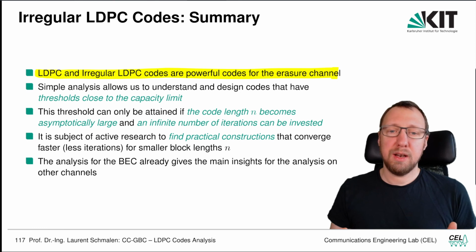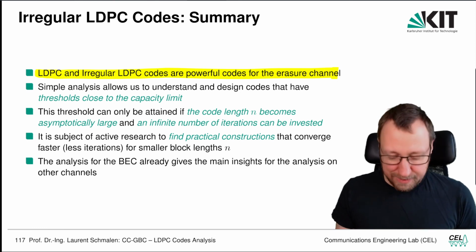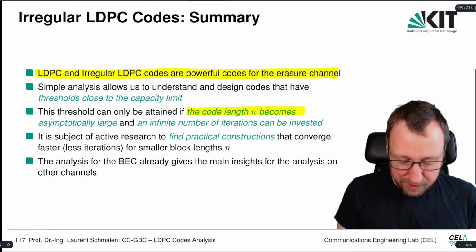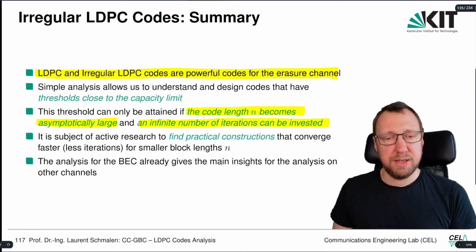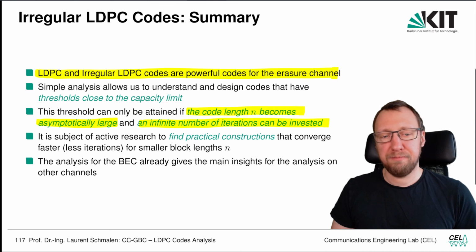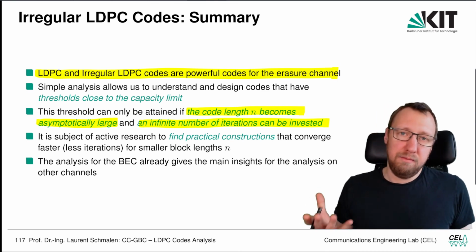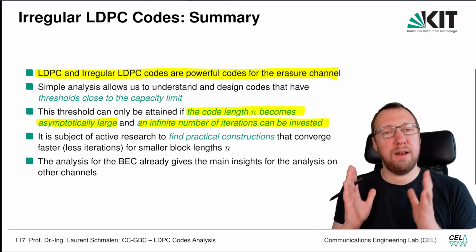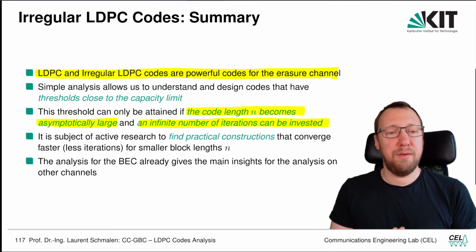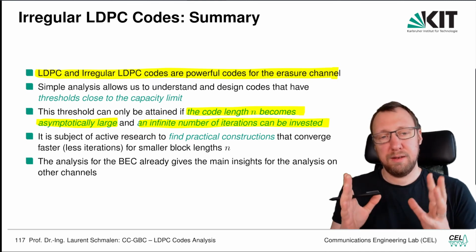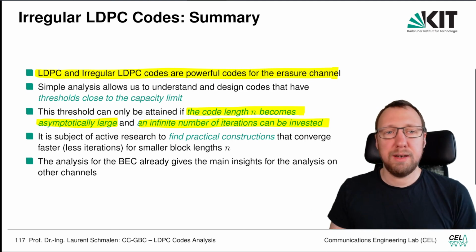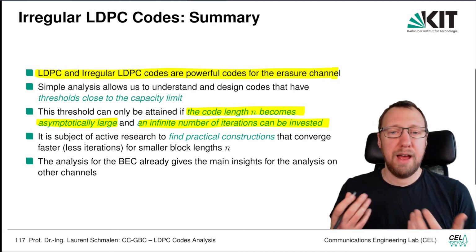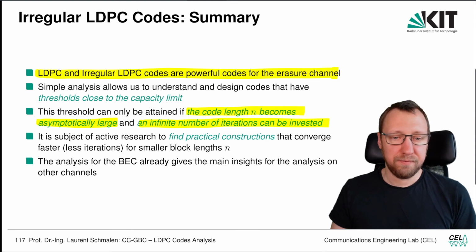The threshold can be attained if the length n becomes asymptotically large, and if we can invest an infinite number of iterations. That's a take-home message. And if you want to have a code that converges well enough for a fixed number of iterations, you need to put some effort. That's actually a topic of active research.